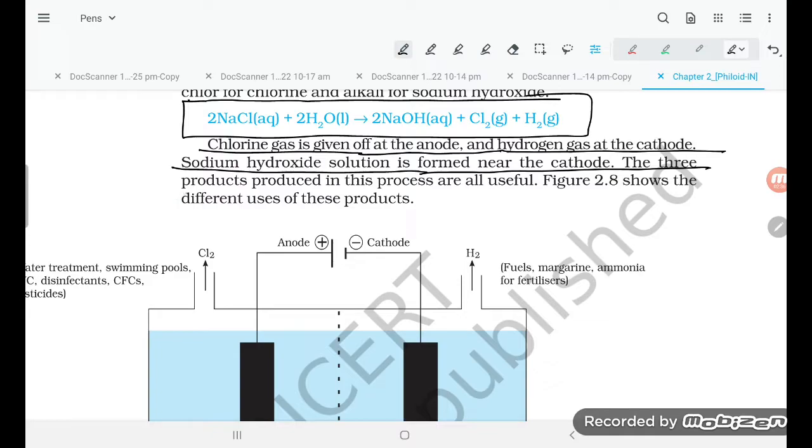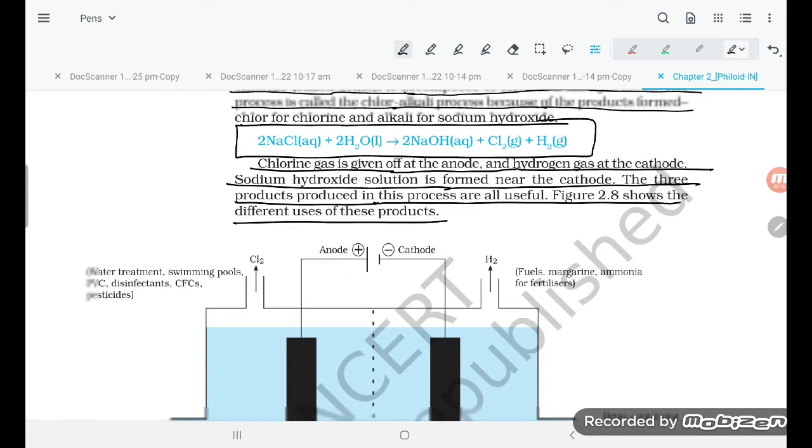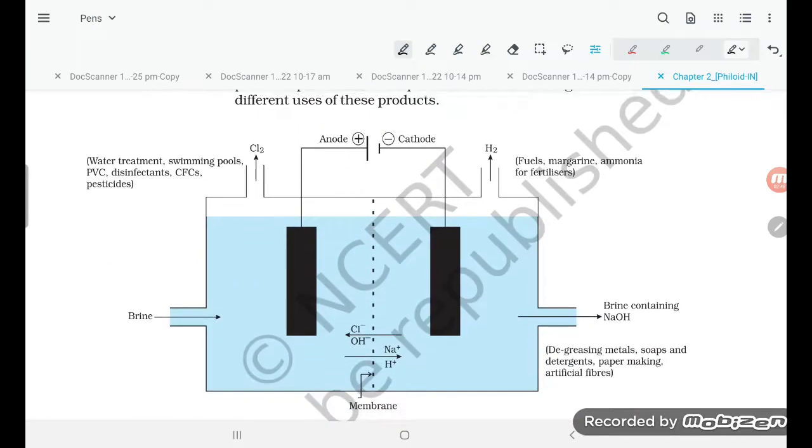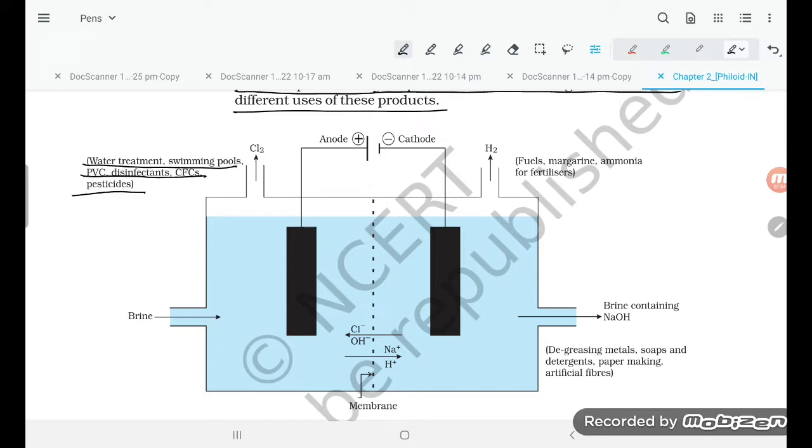The three products produced in this process are useful in different usages. Water treatment, swimming pool, PVC, disinfectant, CFC. So here Cl2 is there, here H2 is there, anode, cathode.